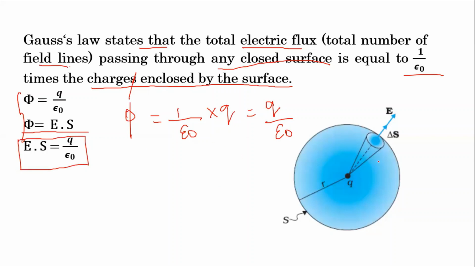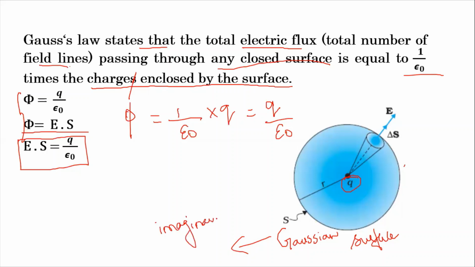And you can see a diagram here. This is the charge that is enclosed, and a spherical Gaussian surface is taken. S is the Gaussian surface. A Gaussian surface is an imaginary or hypothetical surface.